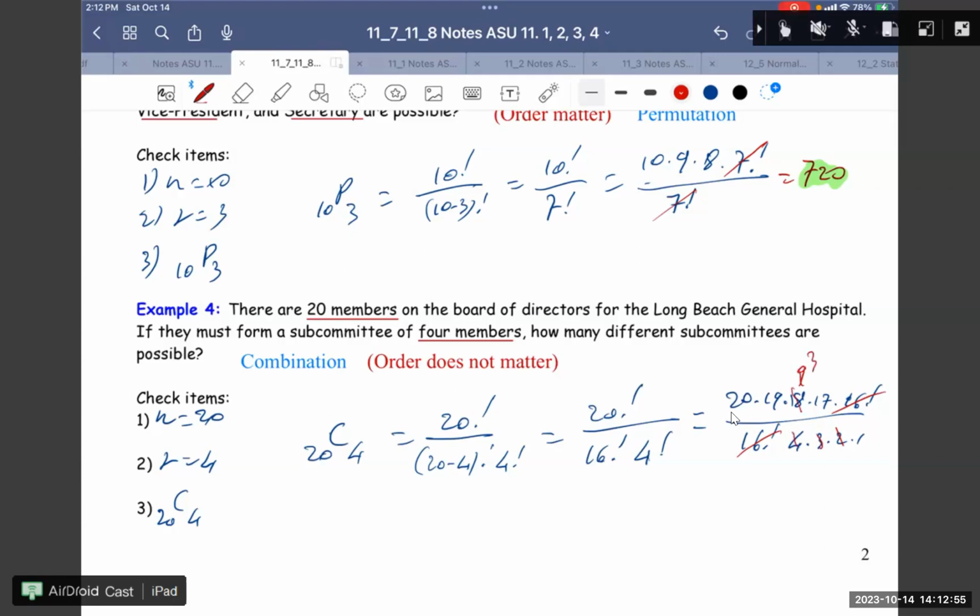So 4 becomes 5, and then that's it, right? So we got 5 times 19 times 3 times 17, which gives 4845. We can do it with a calculator if you want to, but you don't have to.